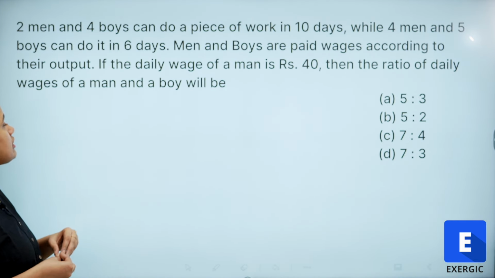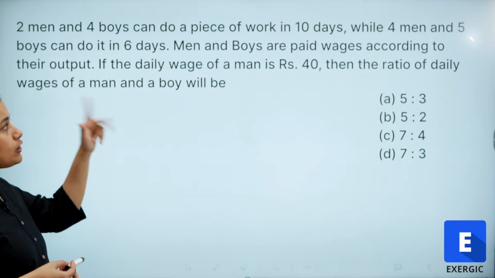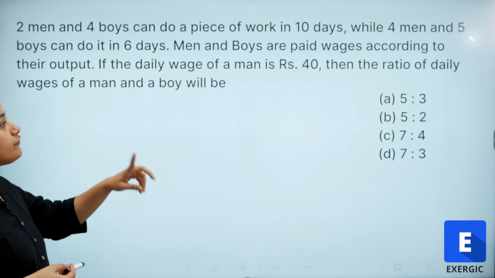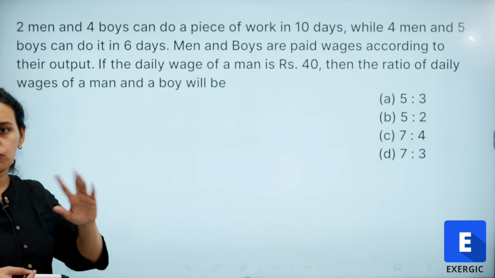Based on the information which has been given, 2 men and 4 boys can do a piece of work in 10 days, and 4 men and 5 boys can do that same piece of work in 6 days.